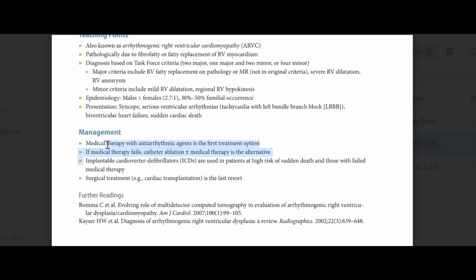Implantable cardioverter defibrillator is used if there is a high risk of sudden death. Surgical treatment, cardiac transplantation, is the last resort.